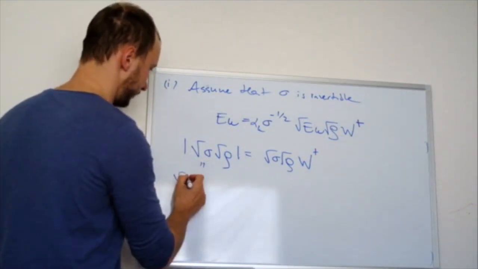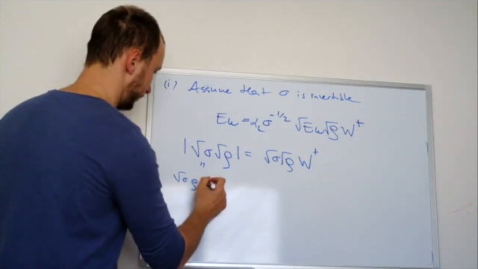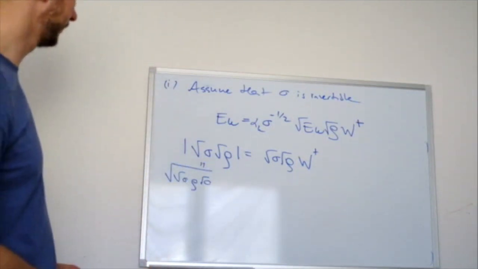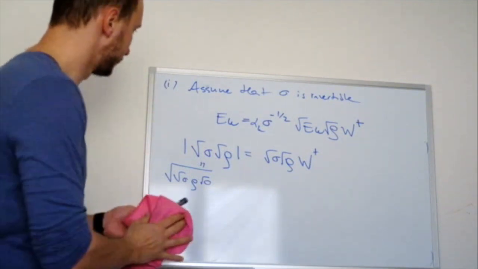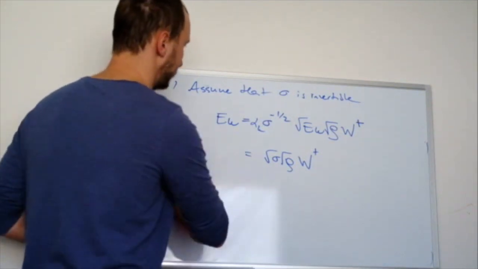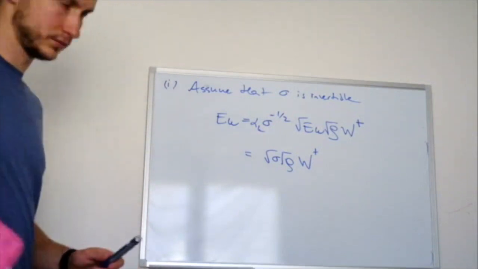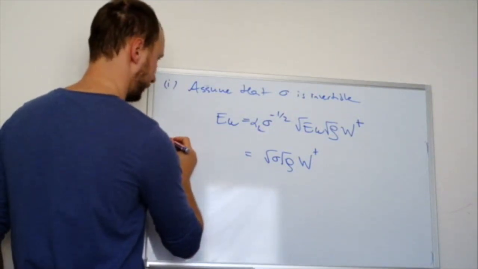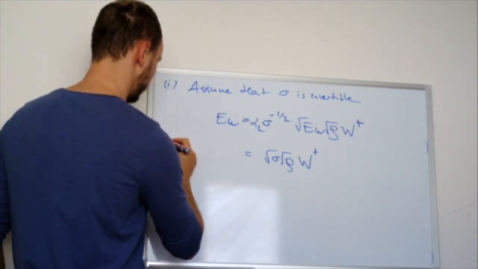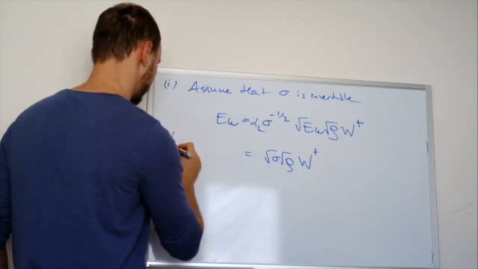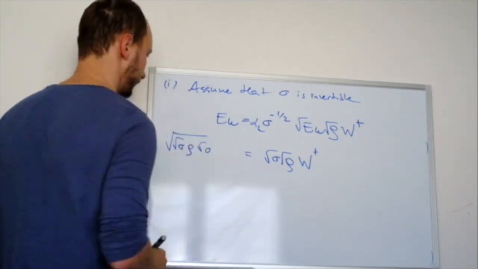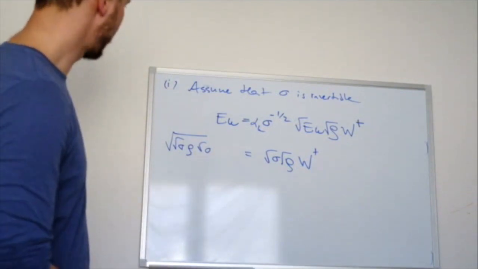And this is equal to square root of rho, square root of sigma, square root of rho, which we also have shown. Okay, so just to summarize this, we have the square root of sigma, rho, square root of sigma is equal to this.